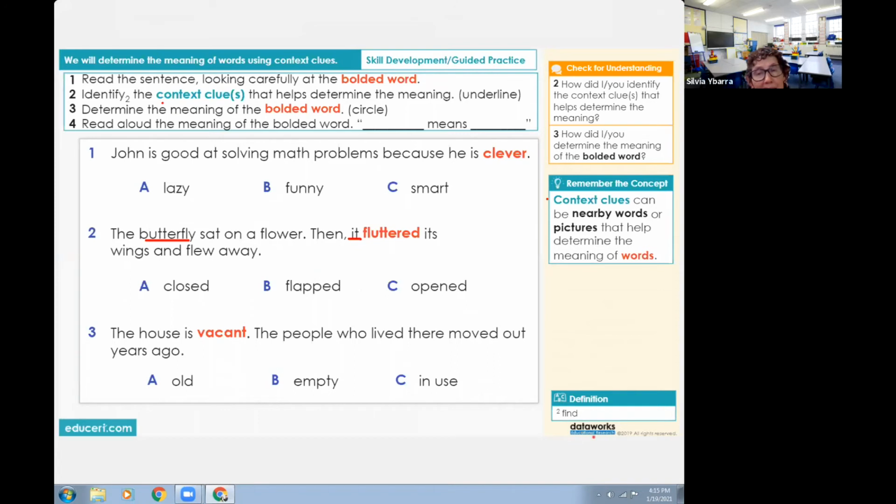Another thing is that it has quite a few distractors. If you take a look at close, flap, or open, many of the students will probably tell you that it's open. And we really are looking for flap, because the distractor is open, but the sentence has "flew away."